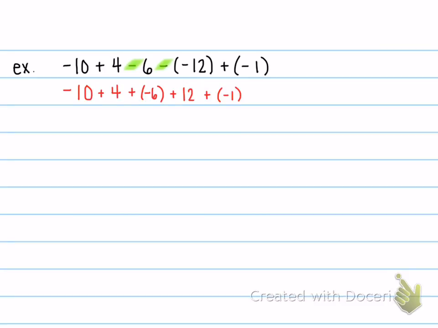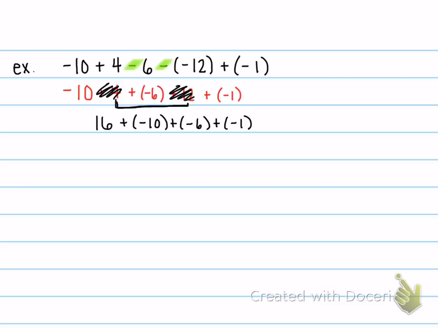So now we're looking at negative 10 plus 4 plus negative 6 plus 12. I notice that there's only two positive numbers, so I'm going to add those two positive numbers first. 4 plus 12 is 16. And then I have plus negative 10 plus negative 6 plus negative 1 left over, because all I've done so far is take out the 4 and the 12 to make it 16.